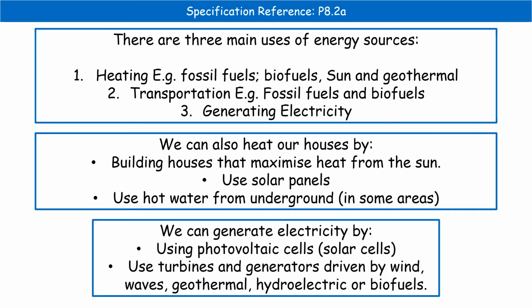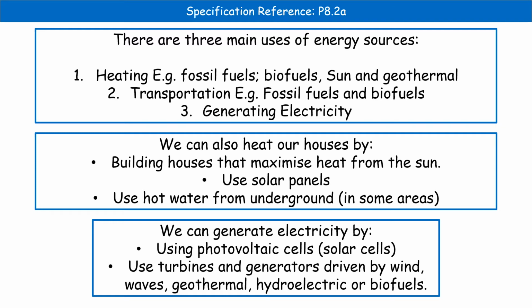We could use solar panels, something that an awful lot of people are looking at the moment, I would get. And then we can also, in some areas of the world, use hot water from underground. So that's the geothermal idea. And there are some countries where they've got a lot of these very hot rocks underground that we can use to heat water, that heat large proportions of their area using that hot water from underground.